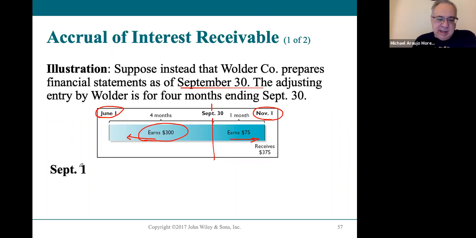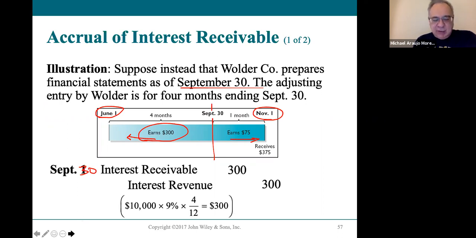So on the 30th of September, when they close their books, they will make an adjusting entry showing the interest revenue on their books. Again, revenue, adjusting entries, but they're going to receive that later.